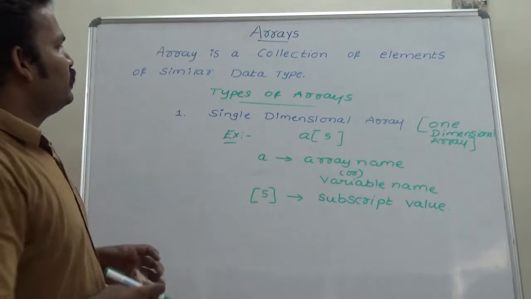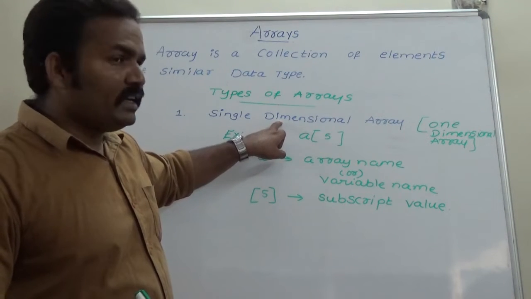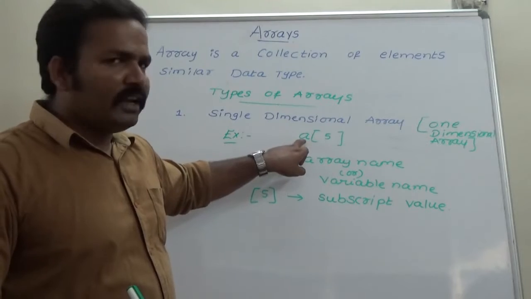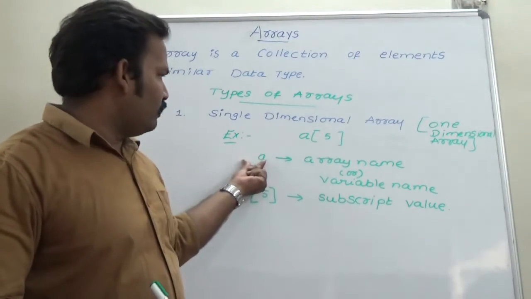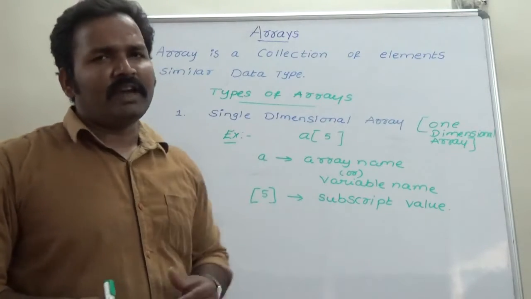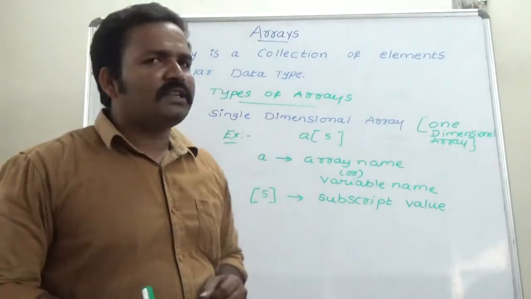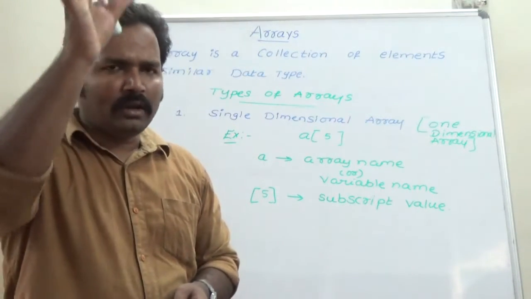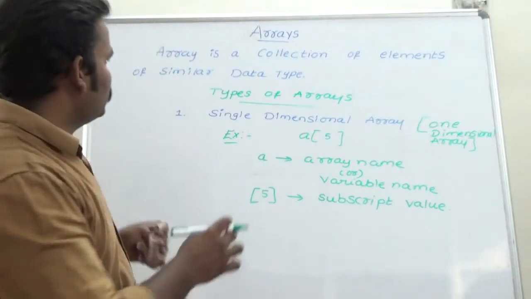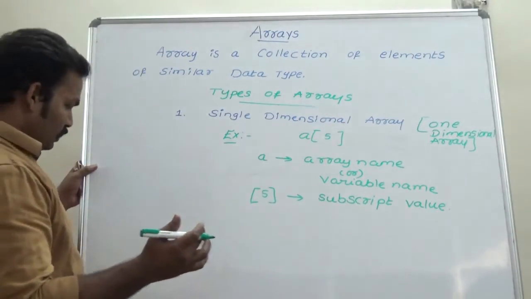Now, clear what is a single dimensional array? It is an array that can be given one variable name and one subscript value. One more important point is that a single dimensional array can represent either a row or a column.